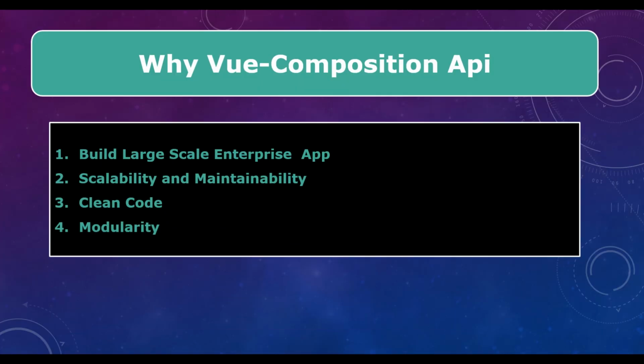It also promotes clean code and modularity. That's why we should use Vue Composition API, because it has more advantages over Vue Option API. We can build large-scale enterprise apps. And now let's dive right into the code and see how it works.